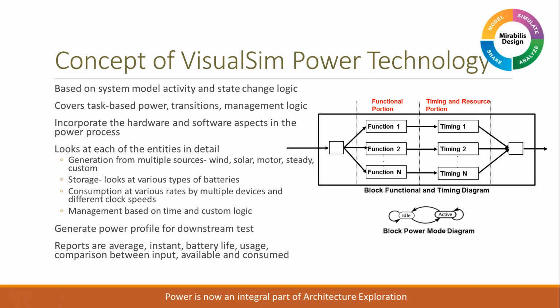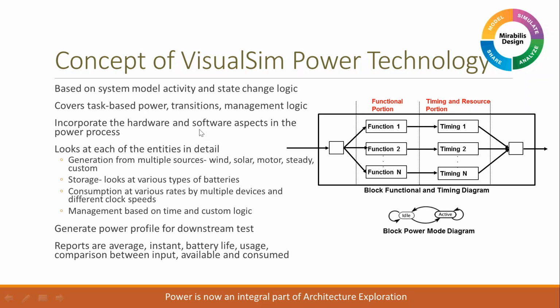Some of the newer generation processors have different power levels for different tasks. So define those, but also any of the management logic to move from, say, a sleep state to a deep sleep state, or from a D1 to a D3. So it allows you to cover that kind of information.